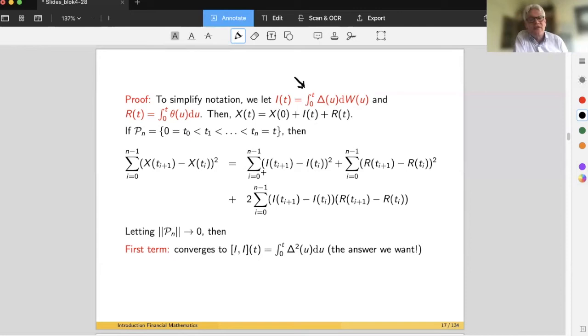That is the quadratic variation. So when the mesh width in this partition tends to 0, then this first term will converge to the quadratic variation of I. That is the integral from 0 to t of delta squared_u du. In fact, that is already the answer that we want to achieve. So the first term already gives us the answer, which means that the second and the third terms should both be 0. So let's look at that in detail.